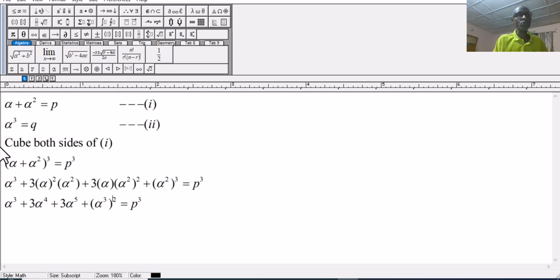Now, looking at the original question, we are given equation 1: alpha plus alpha squared is equal to p.